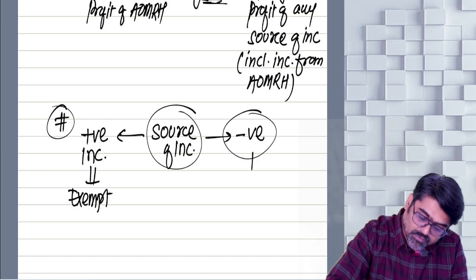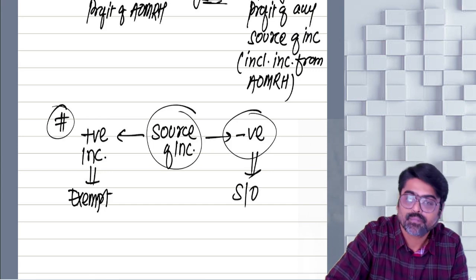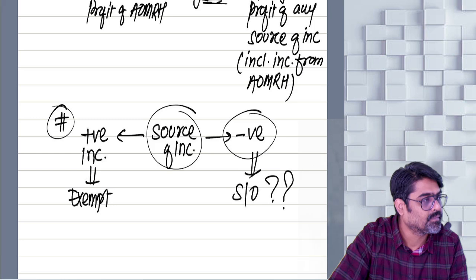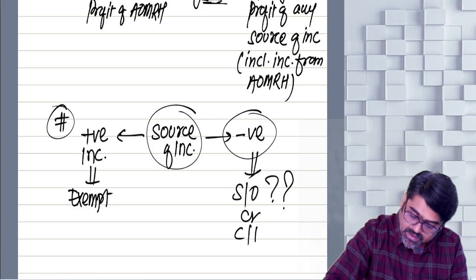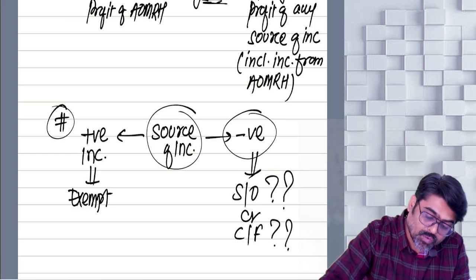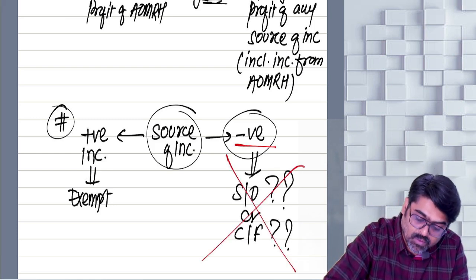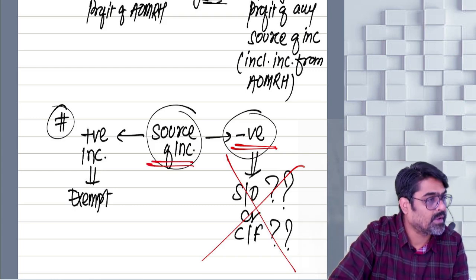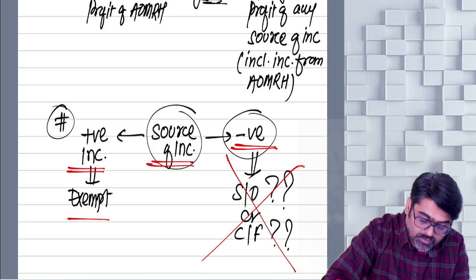So will you set off this loss? Can you set off this loss? Or can you carry forward this loss for further set off? No set off and carry forward will be allowed for these negative incomes coming from a source of income whose positive income was exempt.